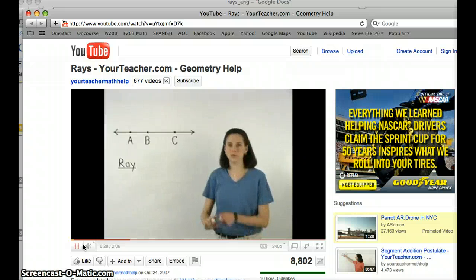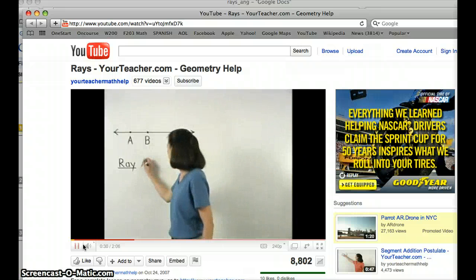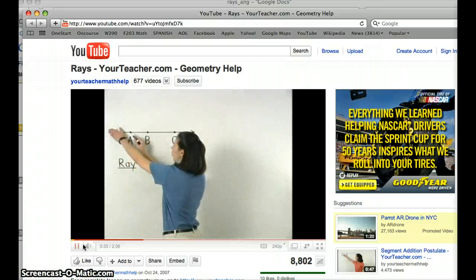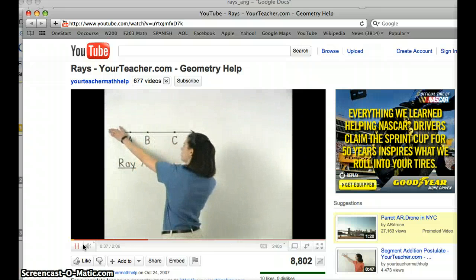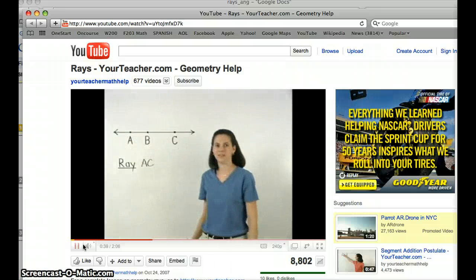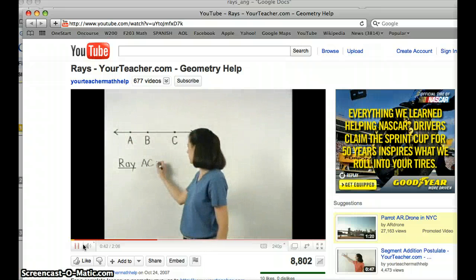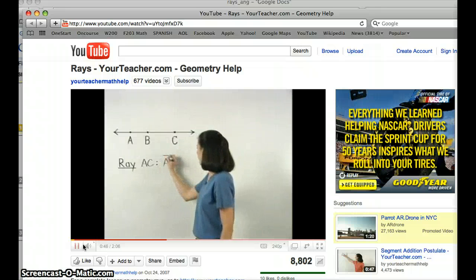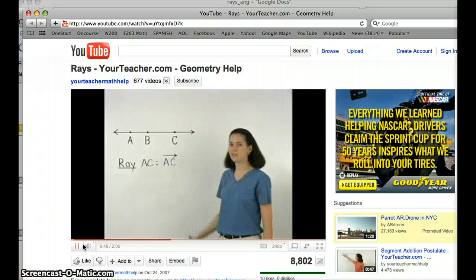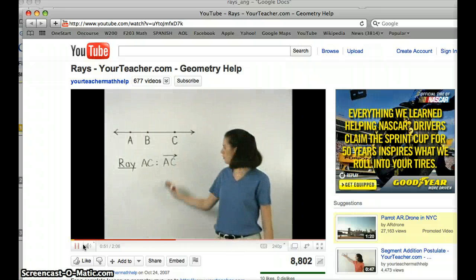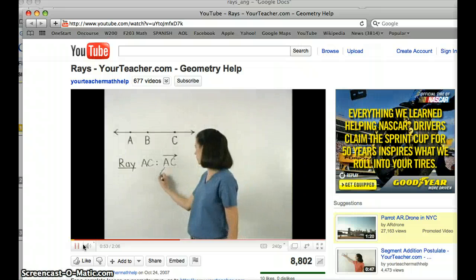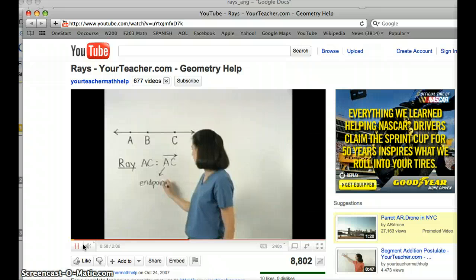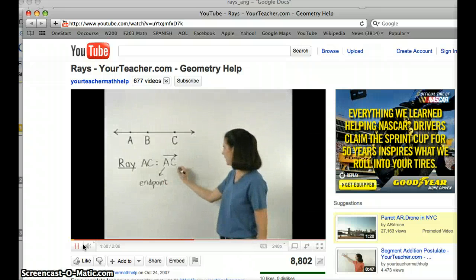For example, ray AC, which includes point A and all the points on the line in the direction of point C. Ray AC can be represented using the points A and C with an arrow drawn over them pointing to the right. Note that A is called the endpoint of the ray, and C indicates the direction.